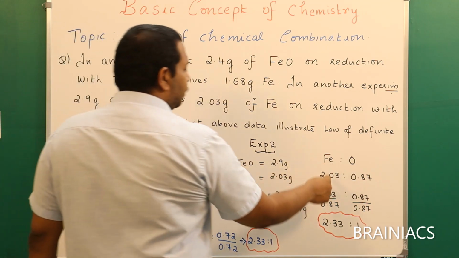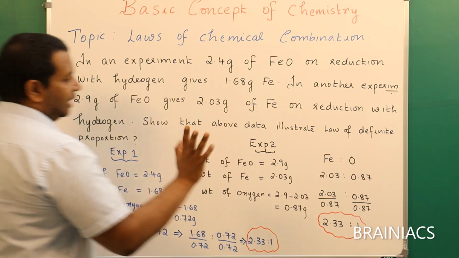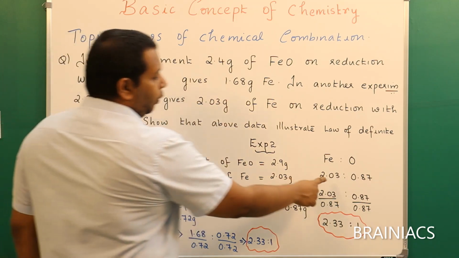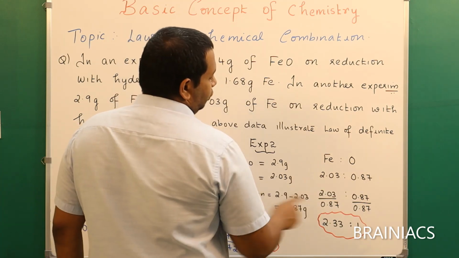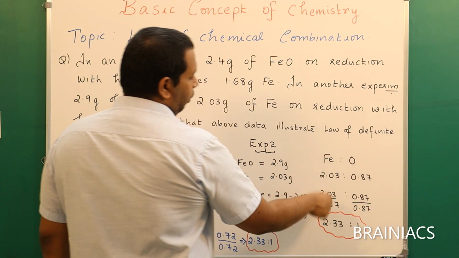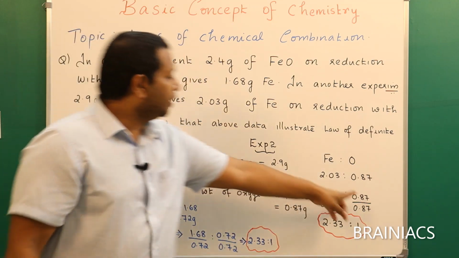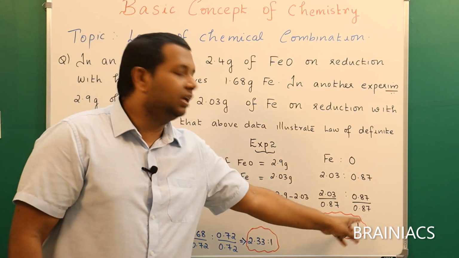Fe here is 2.03, whereas before I had 1.68, but that does not matter. So 2.03 is to oxygen 0.87. The lowest number is 0.87, so I am dividing by 0.87 on both sides. Here you will get 1, and 2.03 by 0.87 is 2.33, so the ratio is 2.33 is to 1.